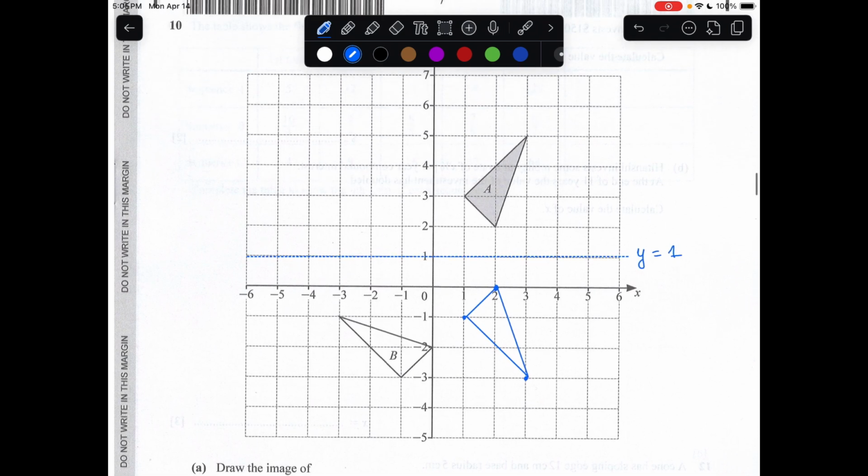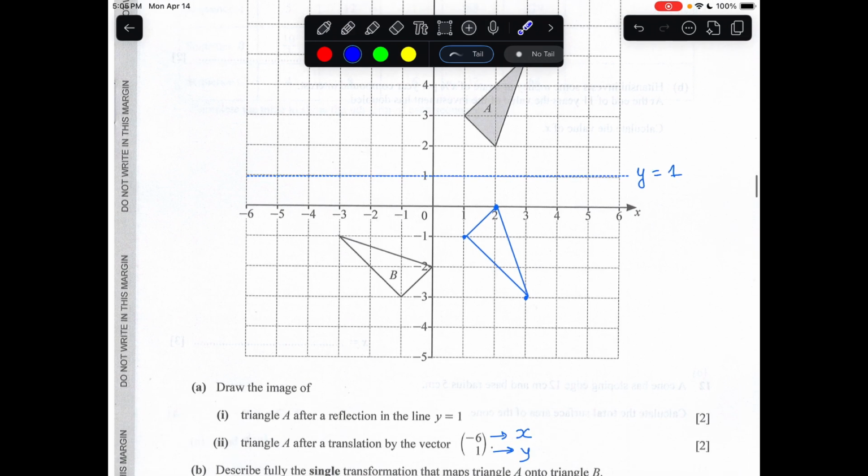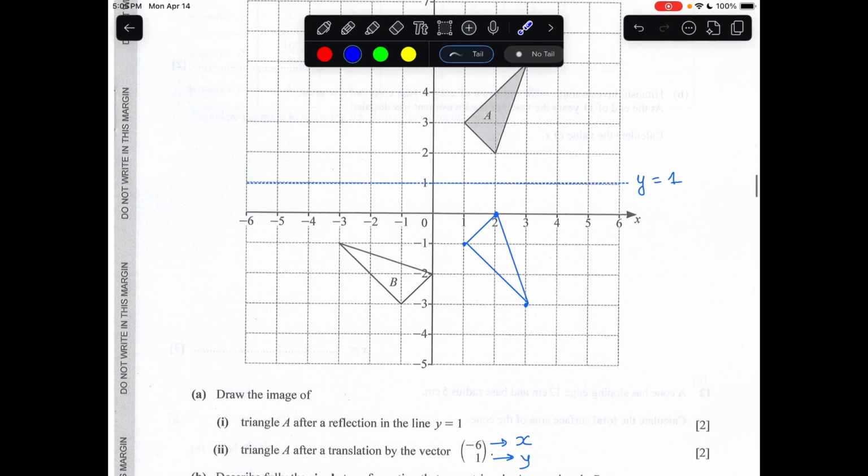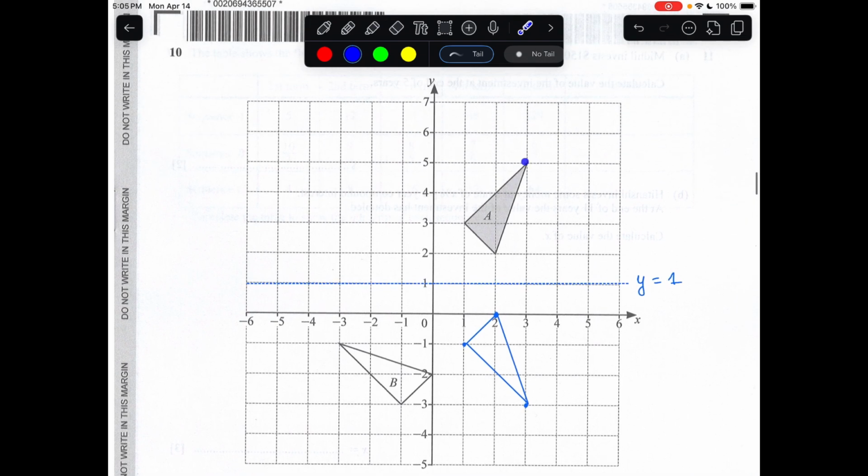So from triangle A, let's move 6 units to the left. 1, 2, 3, 4, 5, 6 units to the left, and then 1 unit up. So I'm going to reach over here. This point is negative 3, 6.